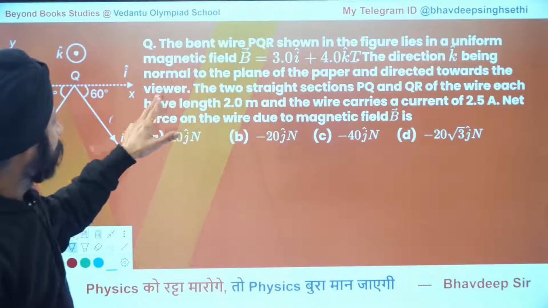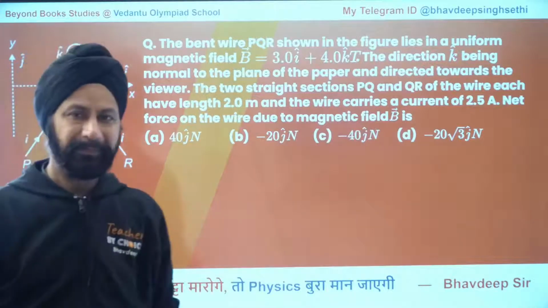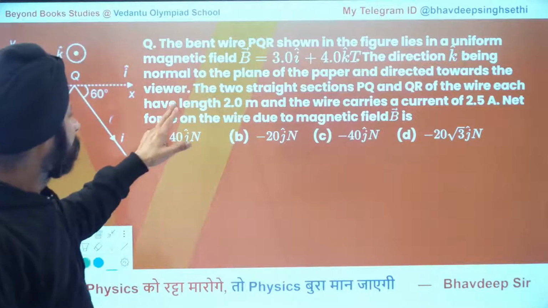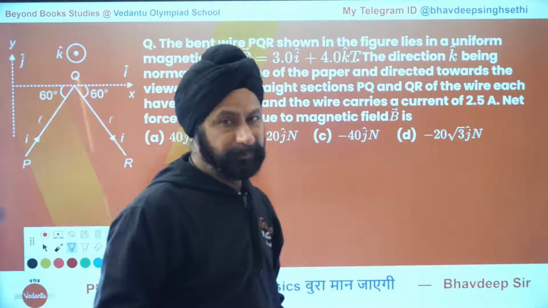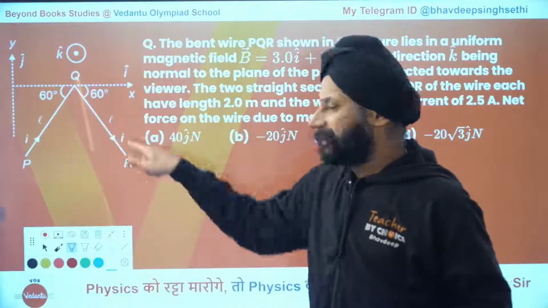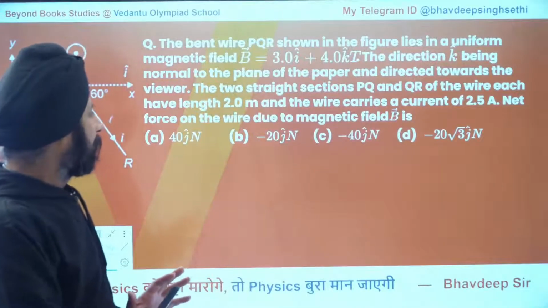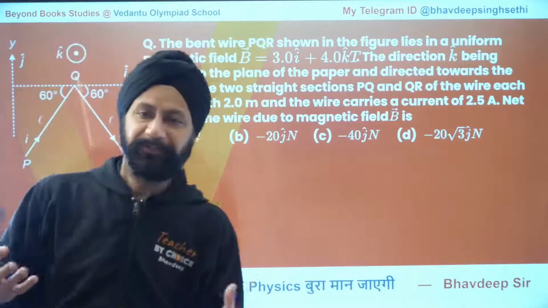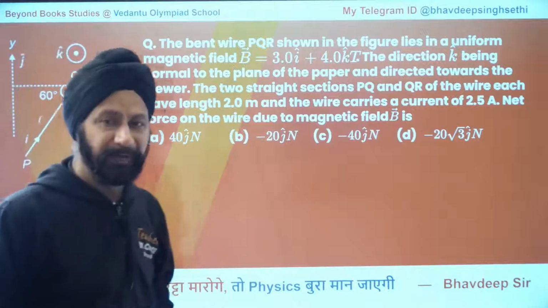The direction K being normal to the plane of the paper and directed outwards. That's a standard Cartesian coordinate. The two straight sections PQ and QR of the wire are each 2 meters. So basically this is 2 meters and this is also 2 meters. And the wire carries a current of 2.5 amperes. The net force on the wire due to the magnetic field B is.